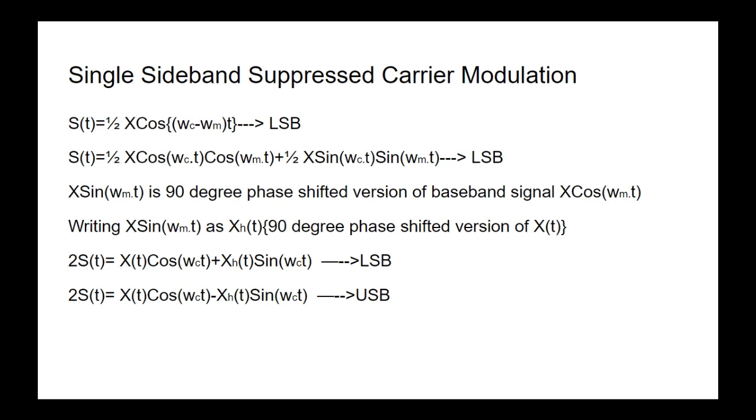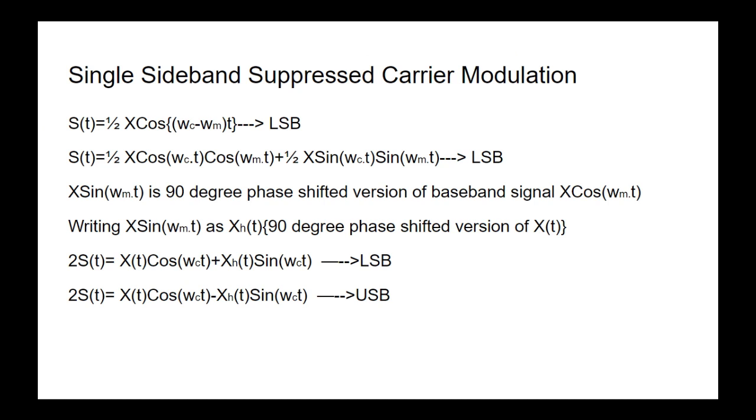When we simplify it, we will get s(t) = 1/2 x cos ω_c t cos ω_m t plus 1/2 x sin ω_c t sin ω_m t. And here x sin ω_m t is the 90-degree phase shifted version of the baseband signal x cos ω_m t.